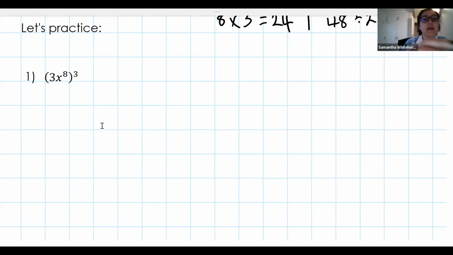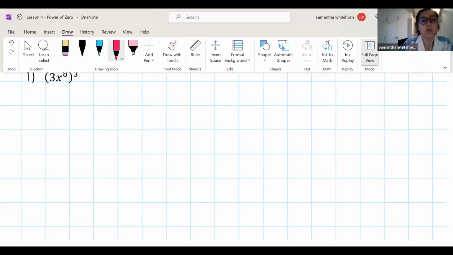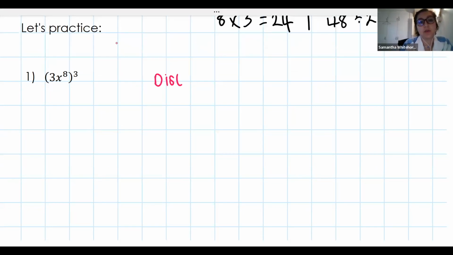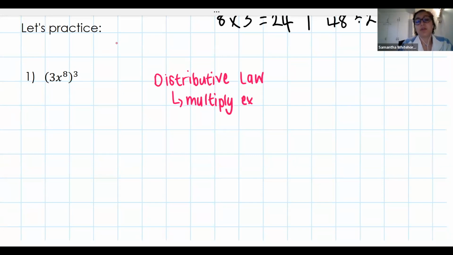Right, so on Monday, what you guys spoke about was the distributive law of exponents. The distributive law of exponents tells us that when we have a bracket raised to an exponent, we need to multiply the outside exponent to all of the exponents inside. Very importantly, you always multiply exponent with exponent.